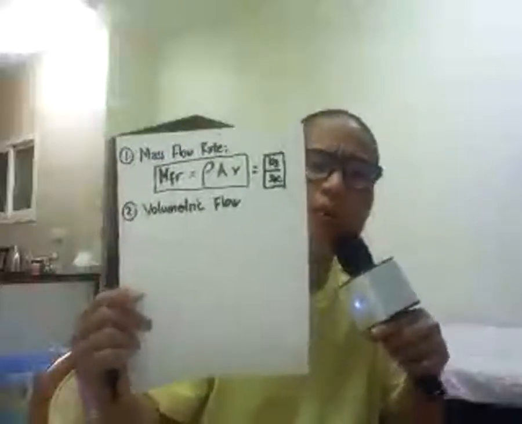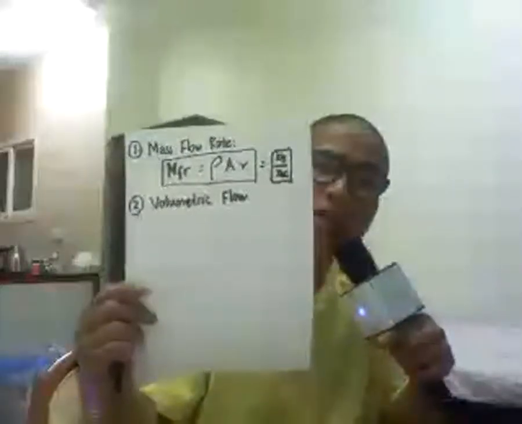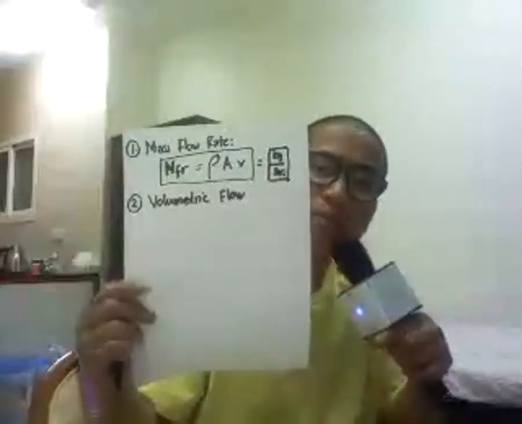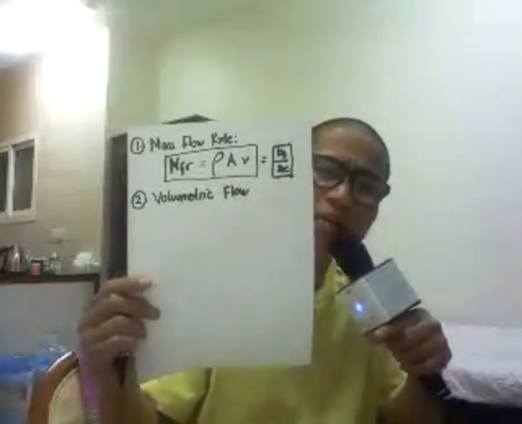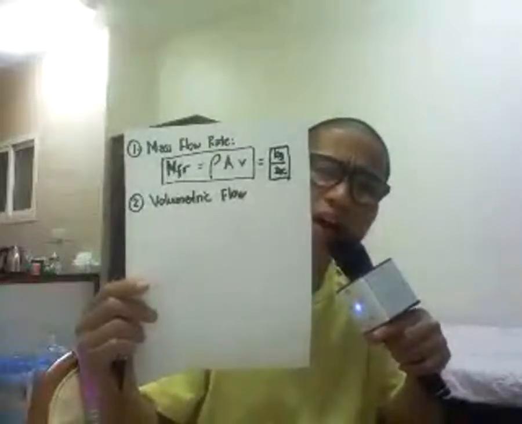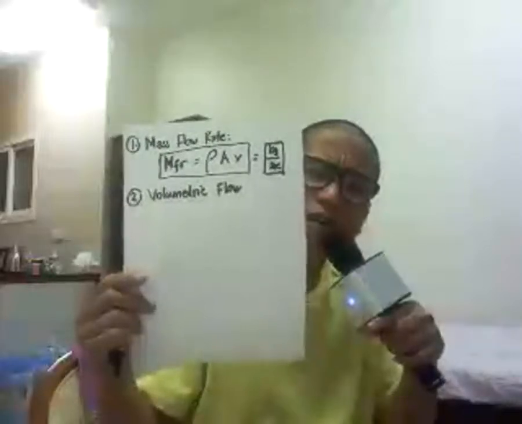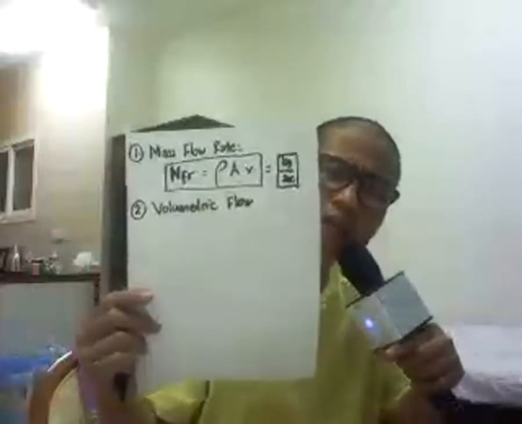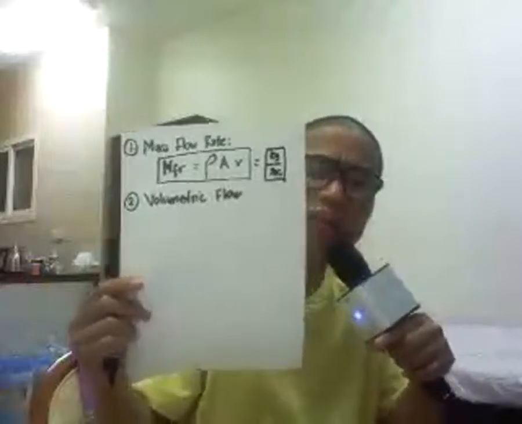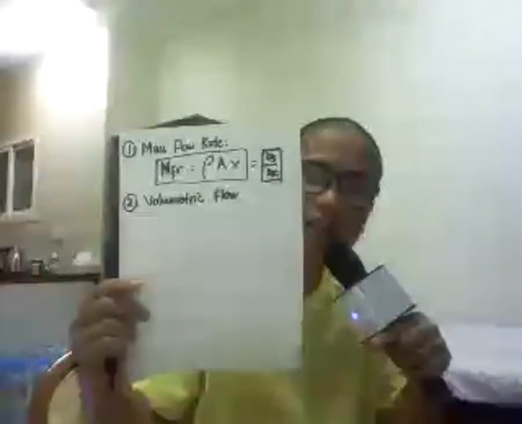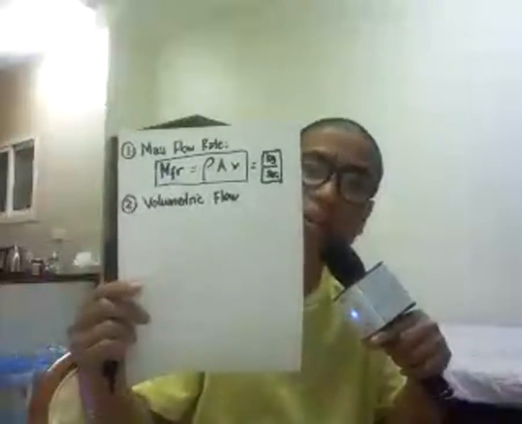Just put that in your mind that if it is a rate, it always has time in the denominator. Time, meaning it could be second, minute, or hour. For example, the problem will say, what is the rate of this particular substance that will react to this? So your answer must always have a second, minute, or hour in the denominator, depending on the problem, because that is a rate.